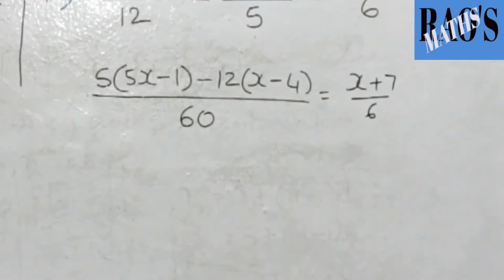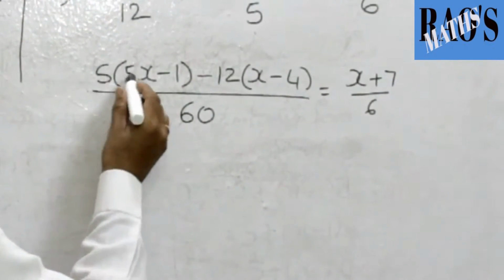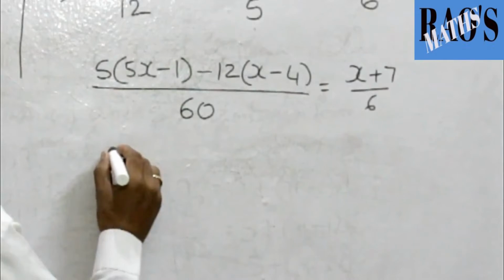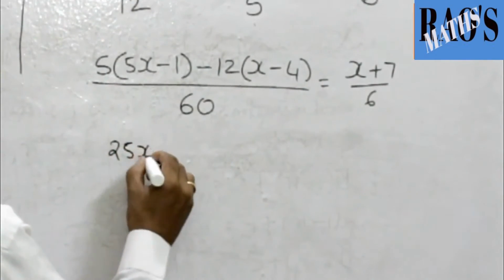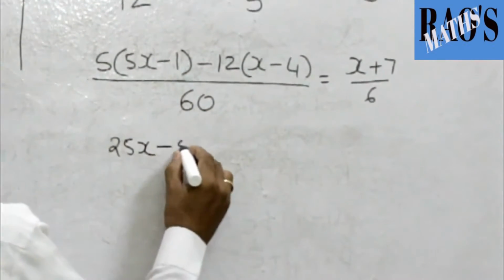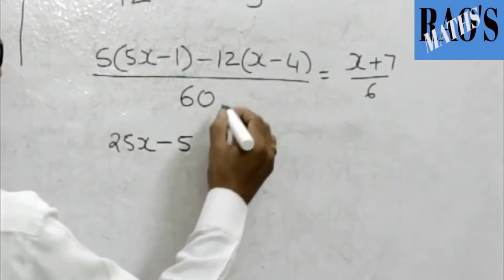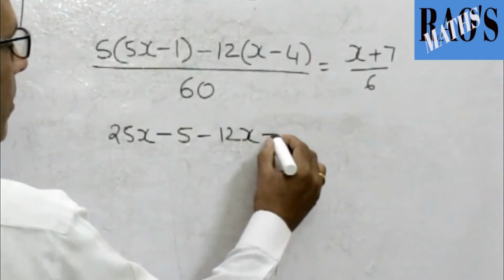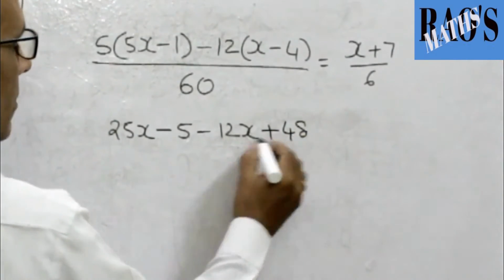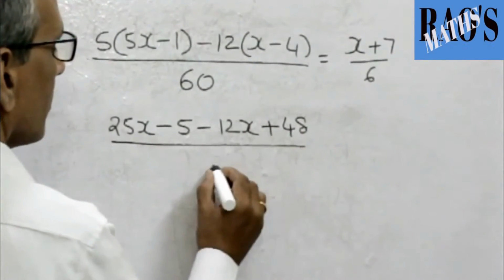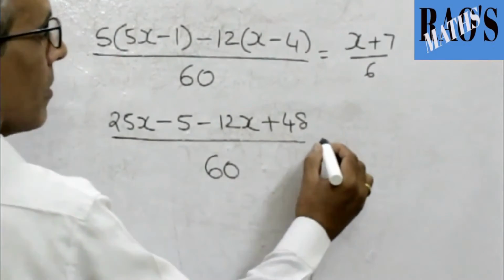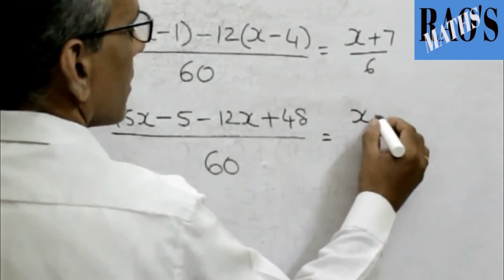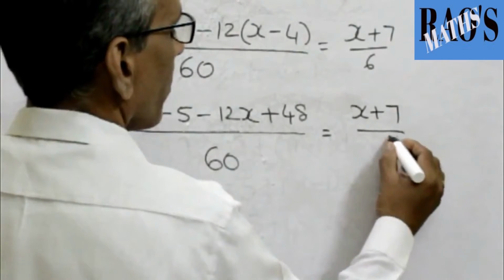Let me compute the left side by removing brackets. 5 of 5x, so I get 25x, 5 of minus 1, minus 5, minus 12 into x, minus 12x, minus 12 into minus 4, plus 48, by 60, which is the same as the RHS, x plus 7 by 6.